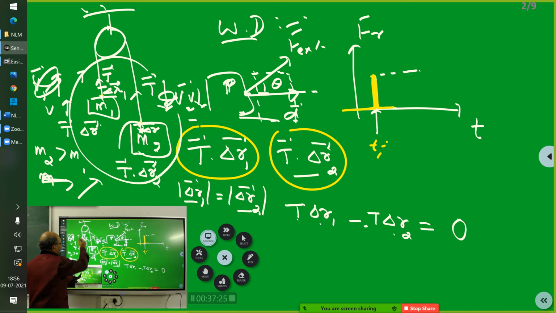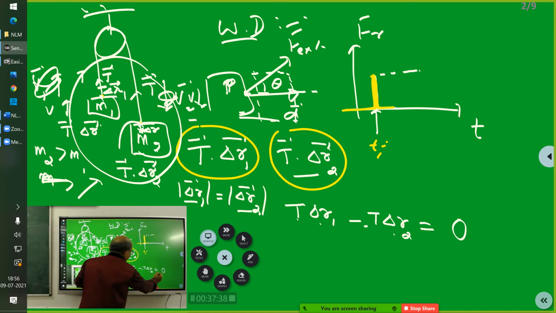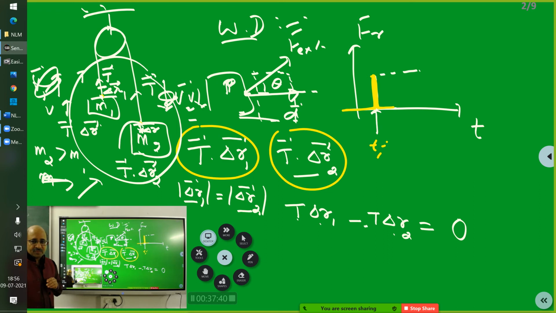But if you say in totality, the total work done is 0. So here we use the concept called virtual work, apparent work. And you find that this and this are equal to 0. Clear? Here the link is tension, so I have used tension.